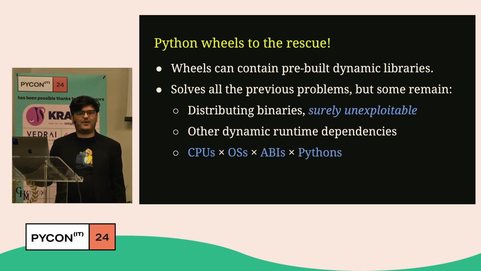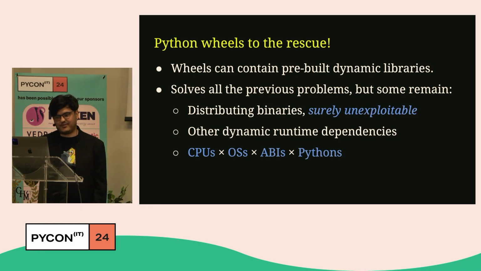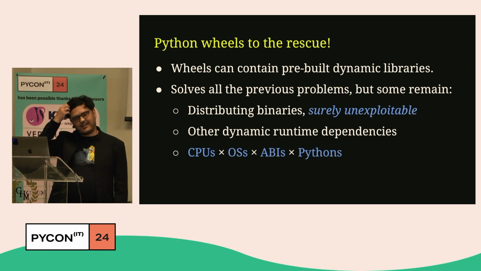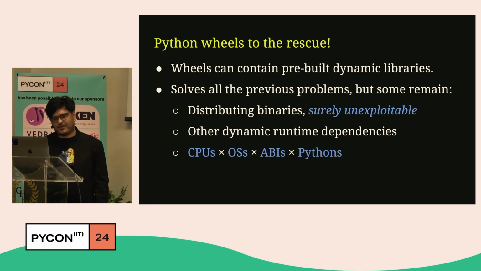For the people who were at the philosophy and software talk, Cartes... I don't remember. Cartesian was mentioned. Well, guess what? This is the Cartesian product of a bunch of sets. So to make pre-built binaries that work for everybody, you need to pre-build it for every CPU, every OS, every ABI.